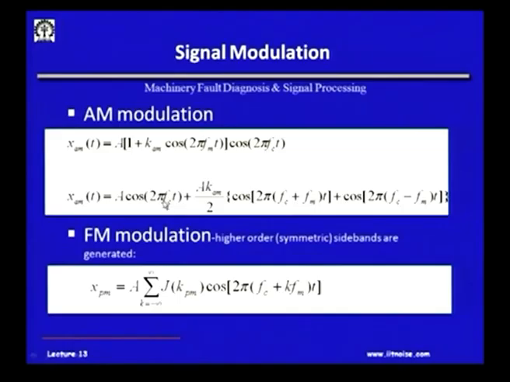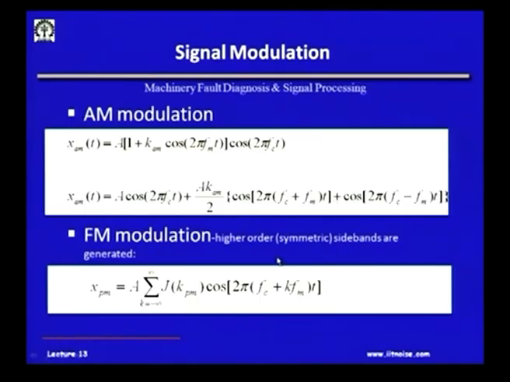Just to recall, if the signals were beating, you will not see an individual carrier frequency, you will only see the sum and difference frequencies. But once they are modulating, you will see the individual carrier frequency and the sidebands around it, as Fc plus Fm and Fc minus Fm.